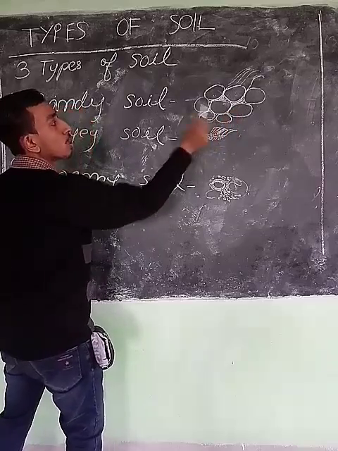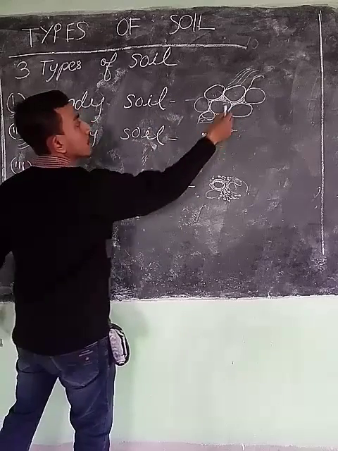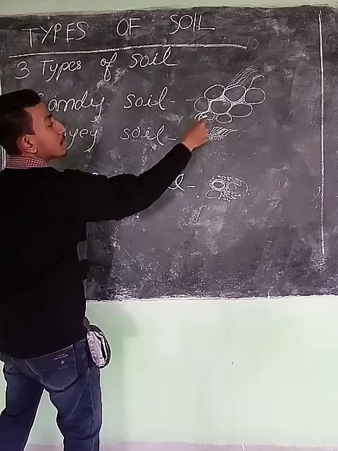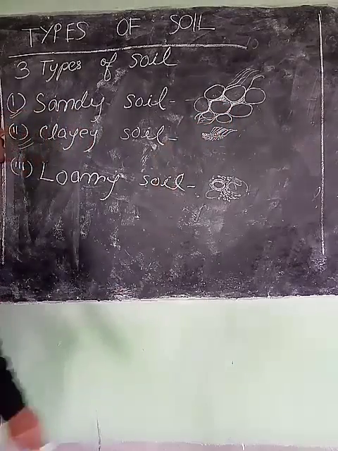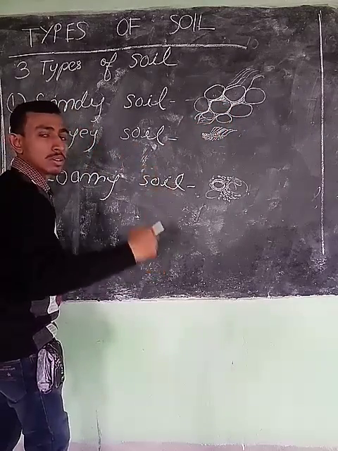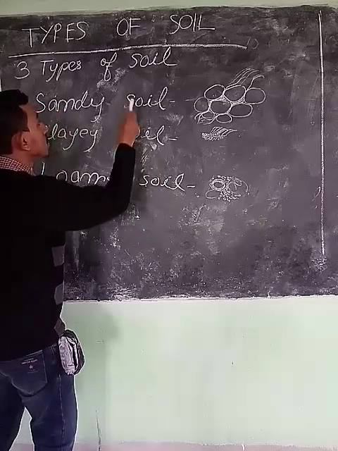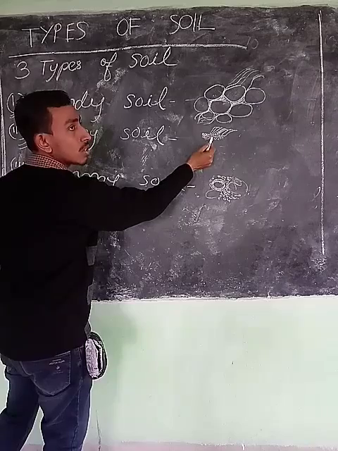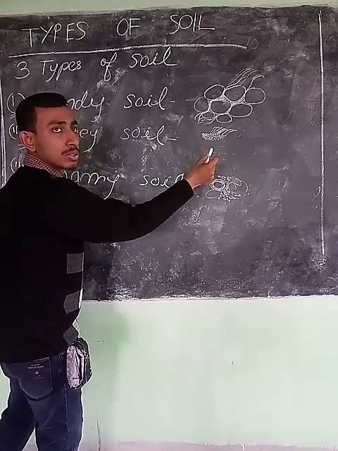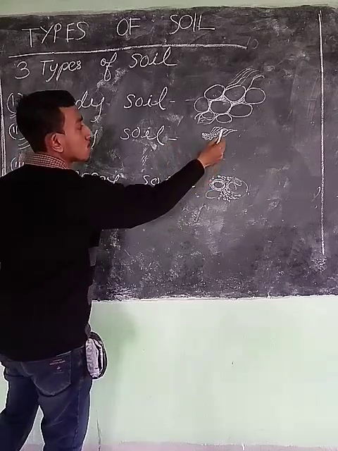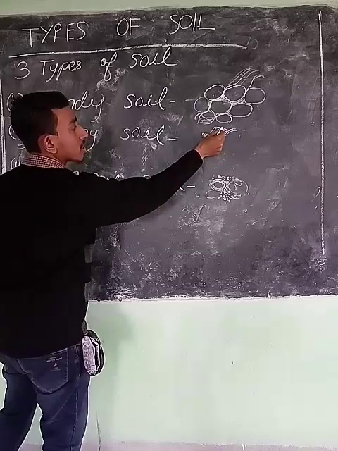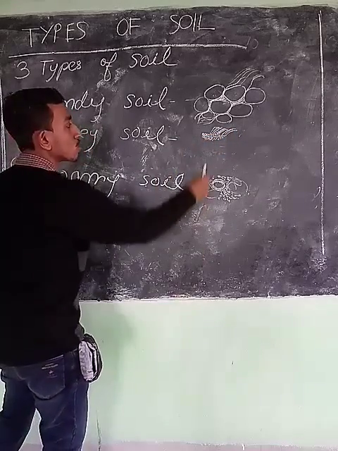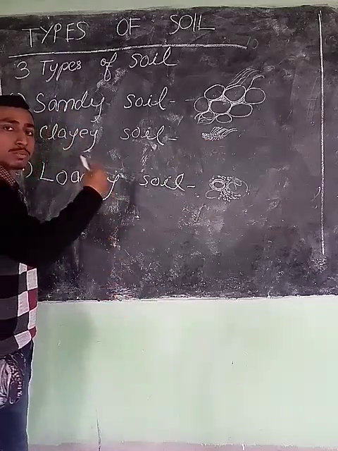Sandy soil cannot hold much water, because if you give water, the water easily drains out of the spaces. But clay soil can hold much more water than sandy soil, because the particles are very small and the spaces between them are also very small. So if you give water, the water cannot drain out easily.